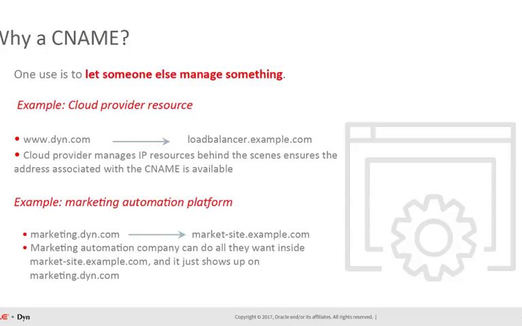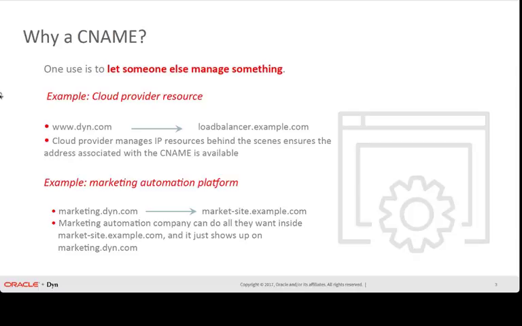Well, essentially in the modern web, people want to manage as few things as possible. So if they can just drop a CNAME in, they can hand over that responsibility to somebody else. So we see this commonly when looking through zone files where we see subdomain.cloud-based load balancer or subdomain.software as a service company. It's a nice, consistent mapping that I can put in my zone file and just hand over responsibility for managing something.